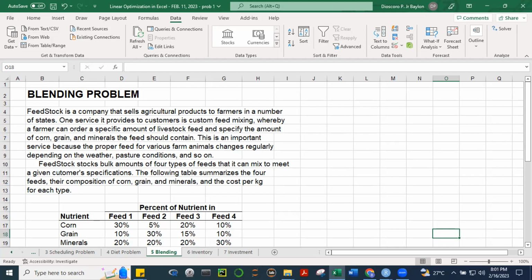They would compute the amount of the ingredients so that it will be so many percent like this, so many percent like that, and then the cost should be minimized. And they were able to solve that. However, what was the problem, class? Any guess? Anyone?